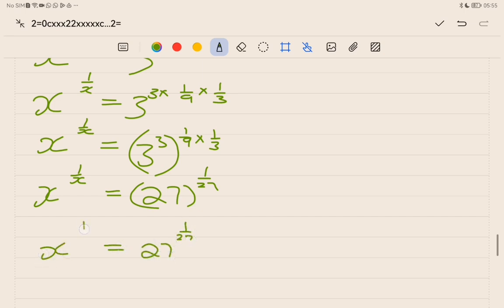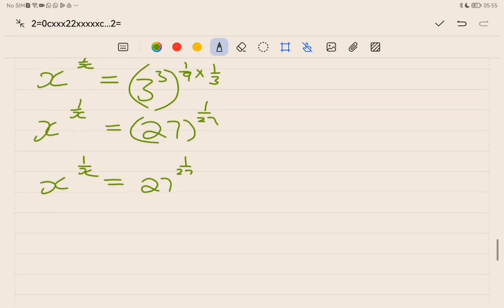So this is how easy this is solved. You can see that this is written in this form, meaning that x equals 27.